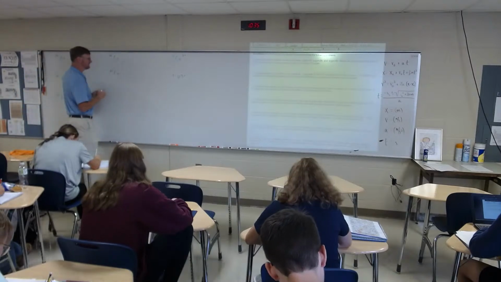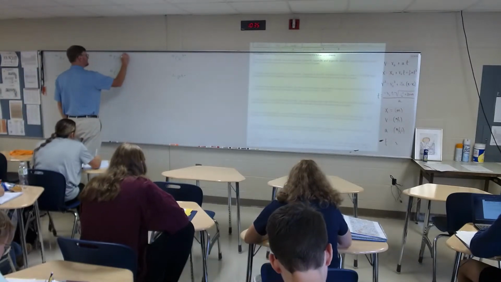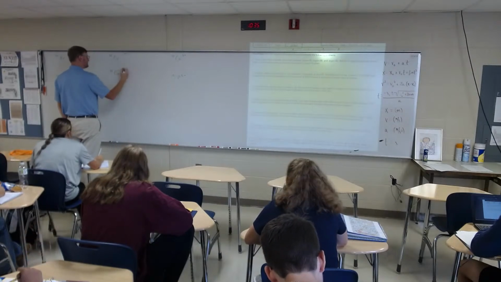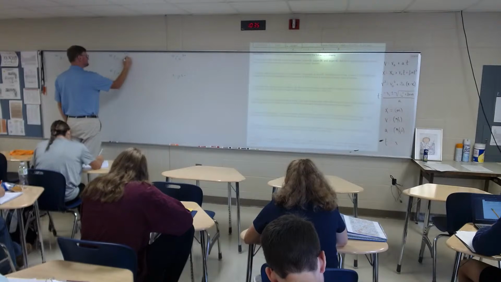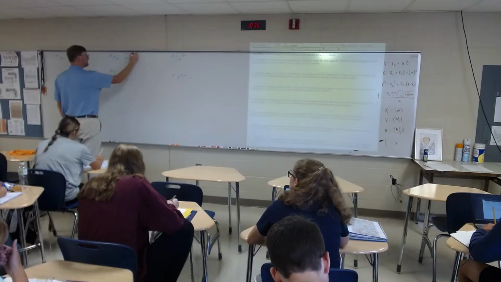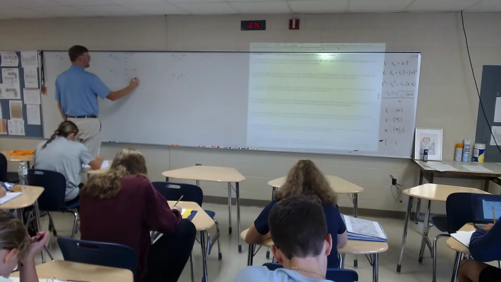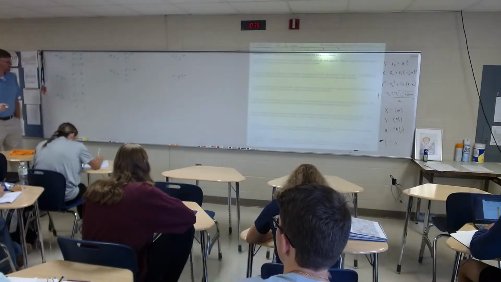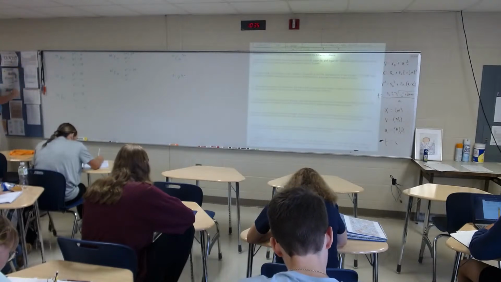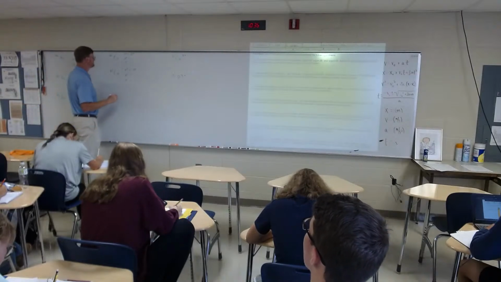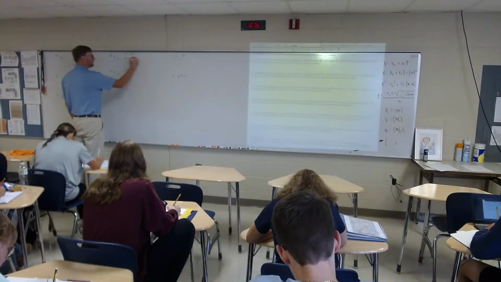How many protons are in a carbon atom? Not carbon, sorry, copper. 29. I agree with that. So this is number 29 on the periodic table. Okay. How many neutrons are in copper 63? 34.